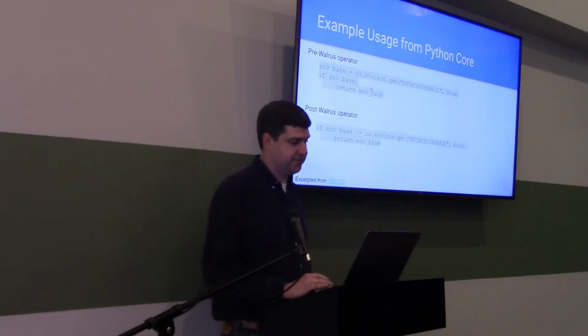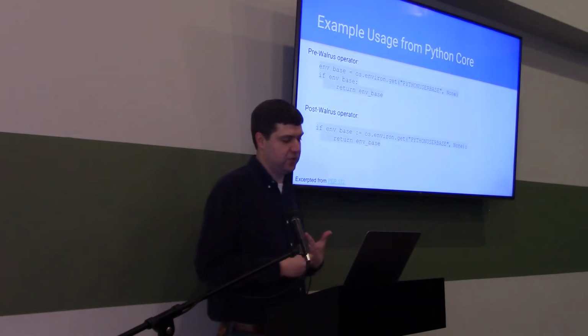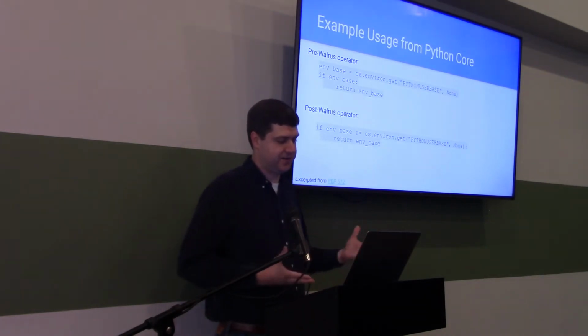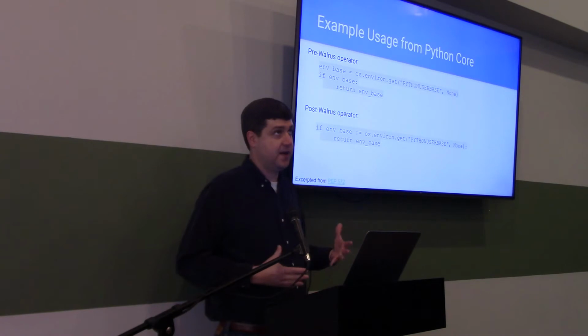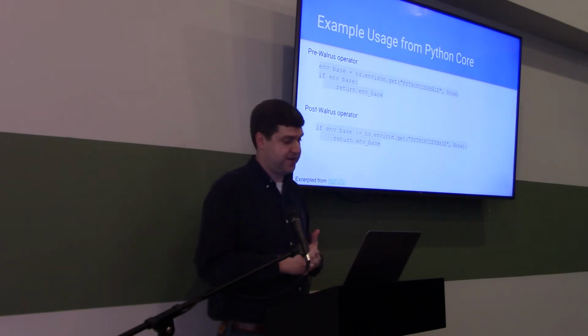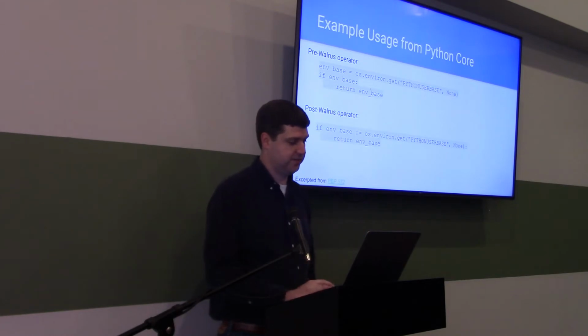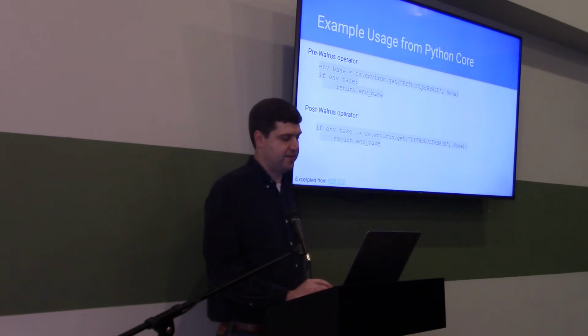So let's just look at a simple example of the walrus operator. The PEP has numerous examples of where they have used the walrus operator in Python core to improve existing code. Here's an example where we're getting an environment variable, PYTHONUSERBASE, and if it doesn't exist, we return None.